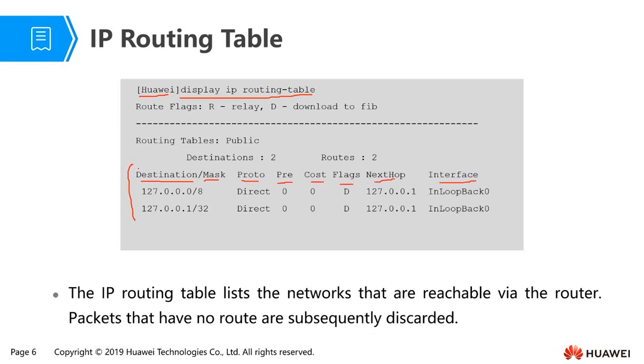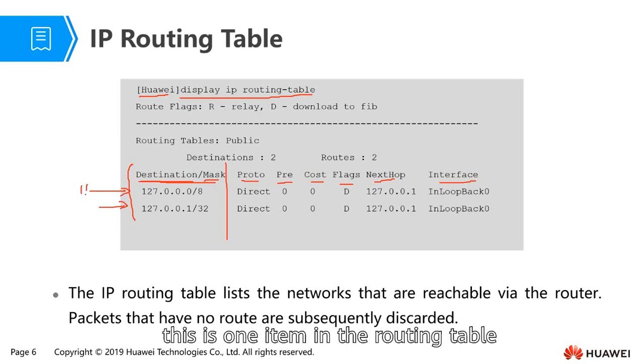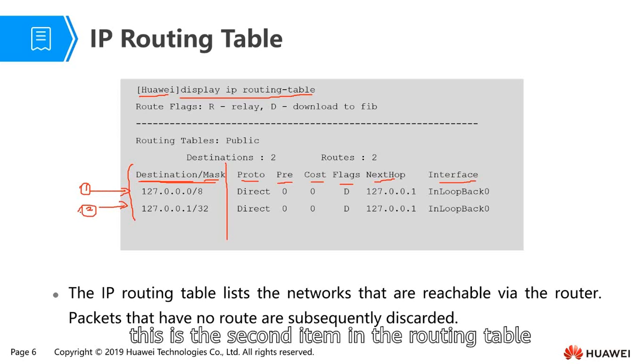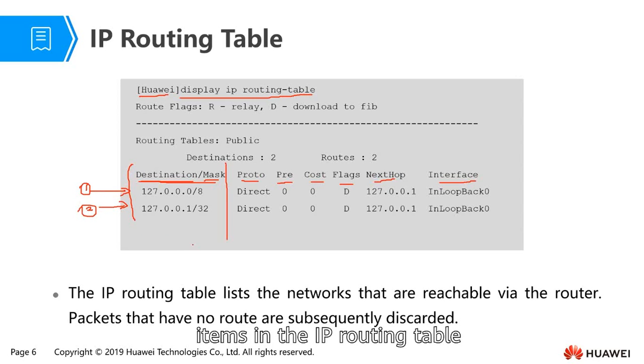Here the destination and the mask uniquely identify each item. This is one item in the routing table, and this is the second item. Maybe there are thousands of items in the IP routing table.